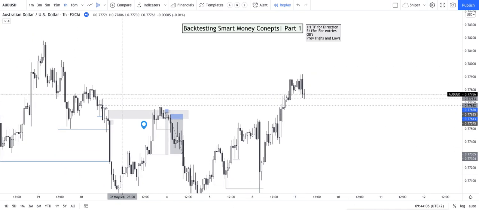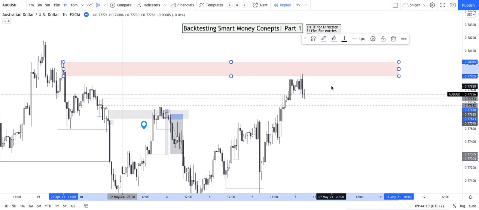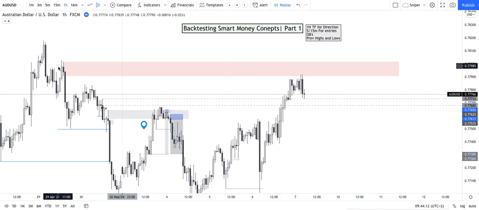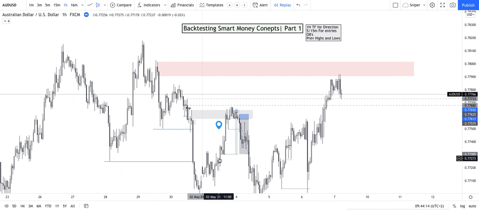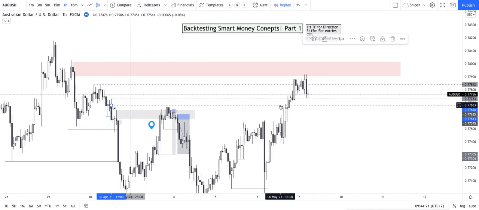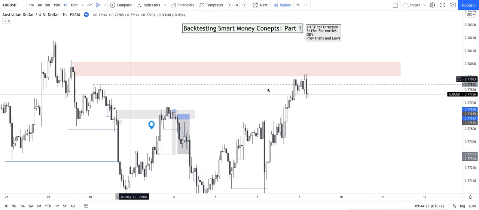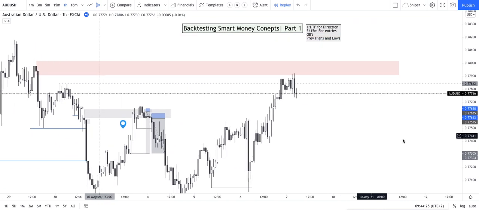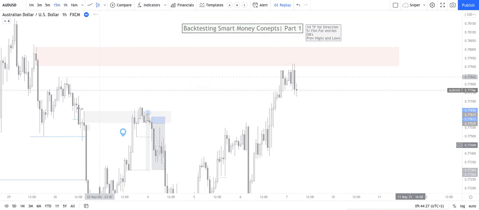We have this zone over here. That's an order block. We broke structure, liquidity above this area. So definitely this could be an area for sells. Okay, let's just go to the 50-minute.